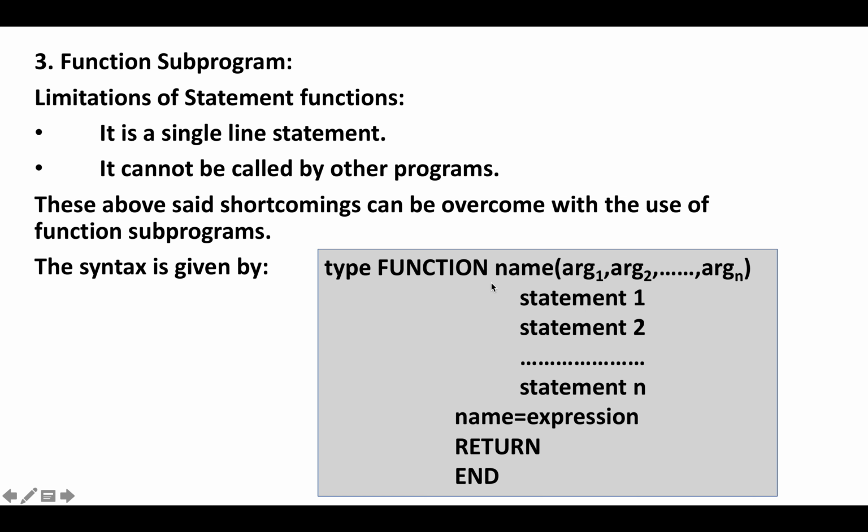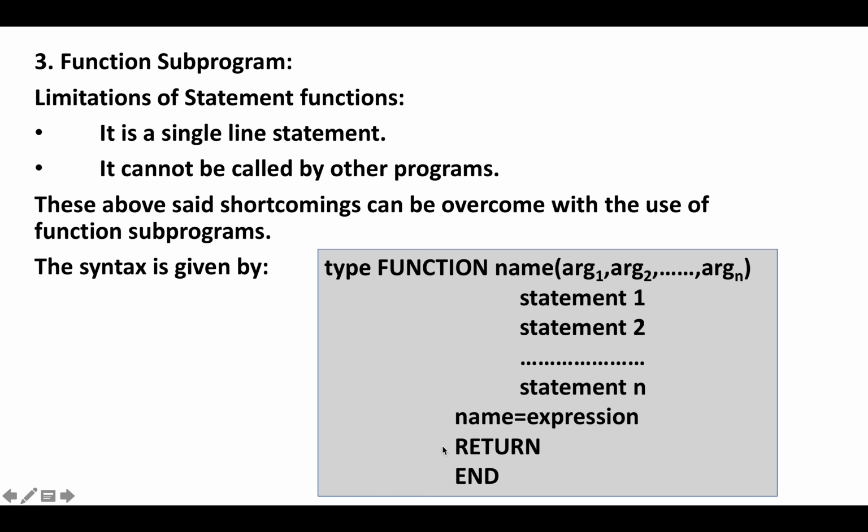Now in this function subprogram we have n different statements, with respect to the statement function which has only one statement. Then after executing the n statements, you have to return the value calculated in this function to the name of the function.